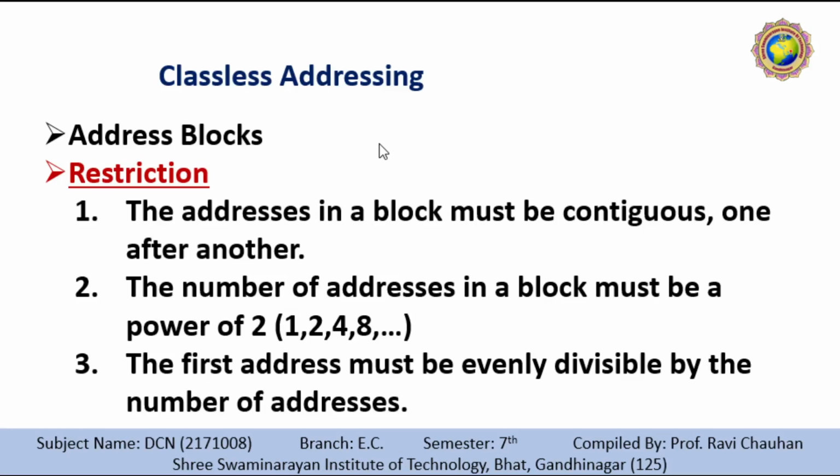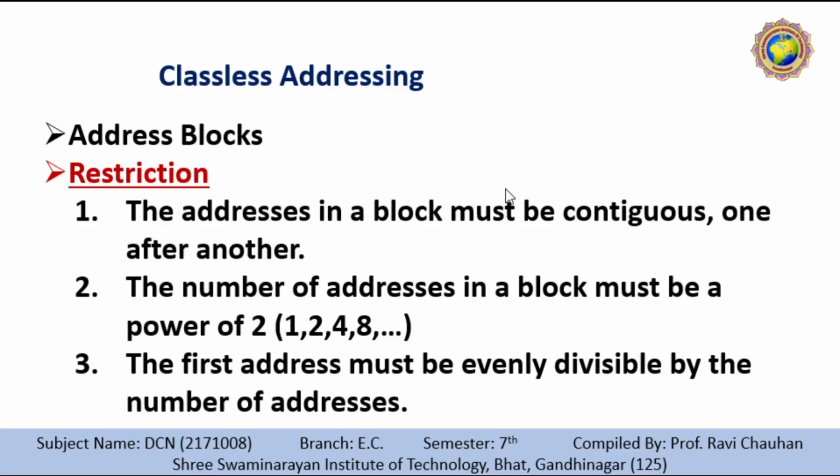For example, a household may be given only 2 addresses. A large organization may be given thousands of addresses. An ISP, an internet service provider, may be given hundreds of thousands based on the number of customers it may serve. Fine, so there are address blocks.